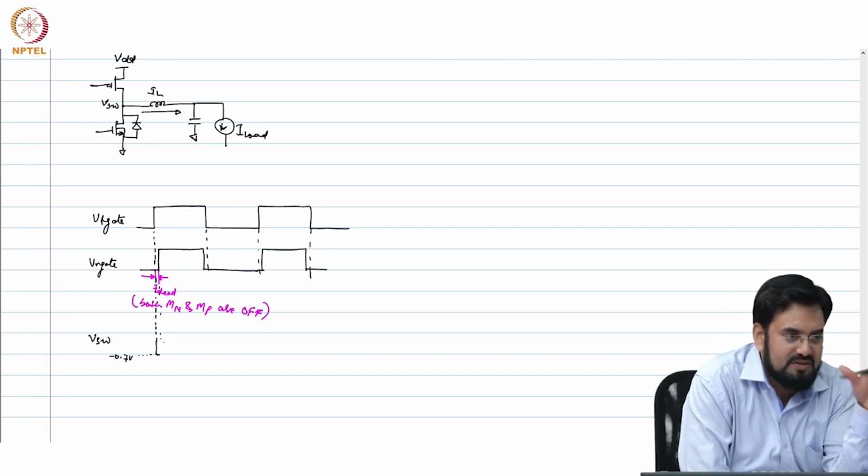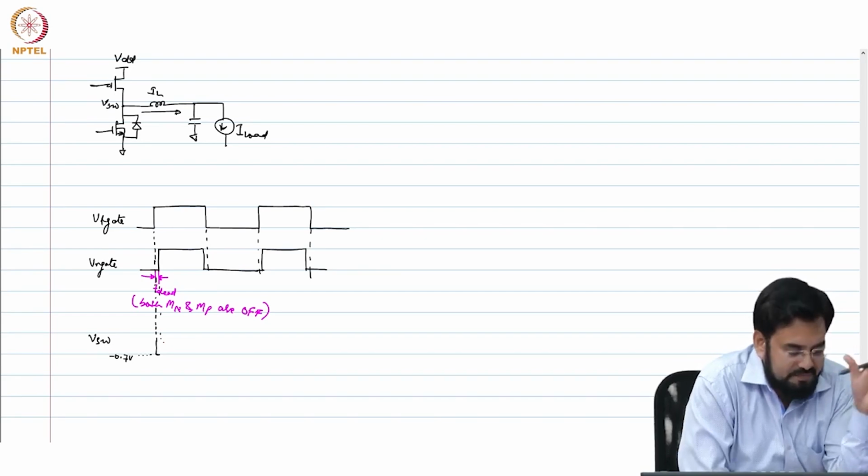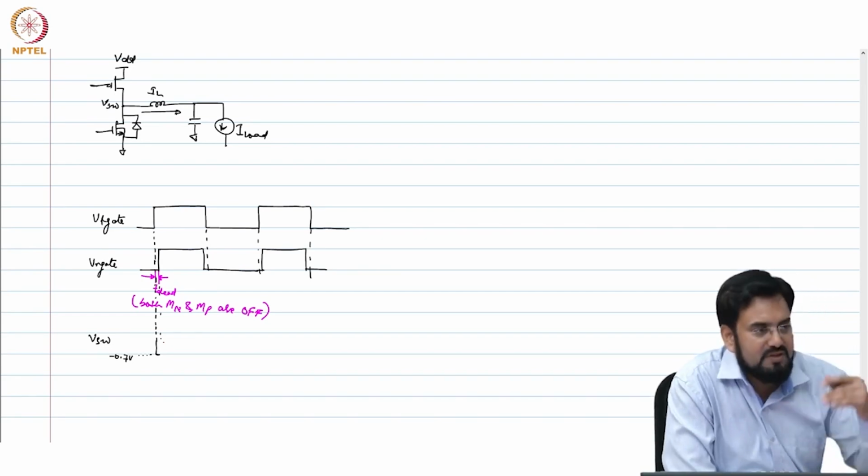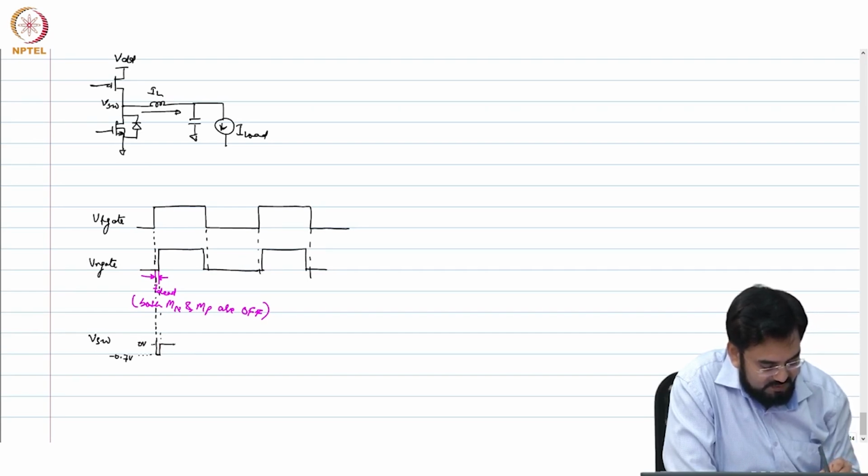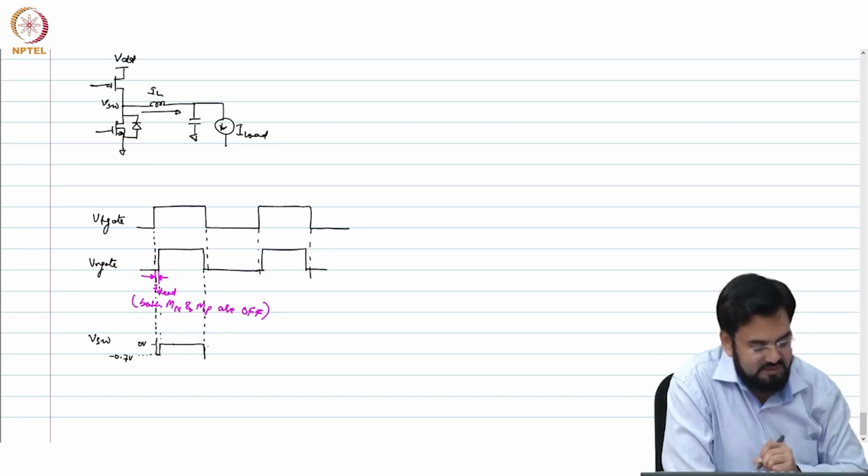So let's forget about the IR loss, IR drop. You can ignore that. So it should go to the ground level, 0. So this is your 0. And it should remain 0 till this point. And we'll again do the same thing.